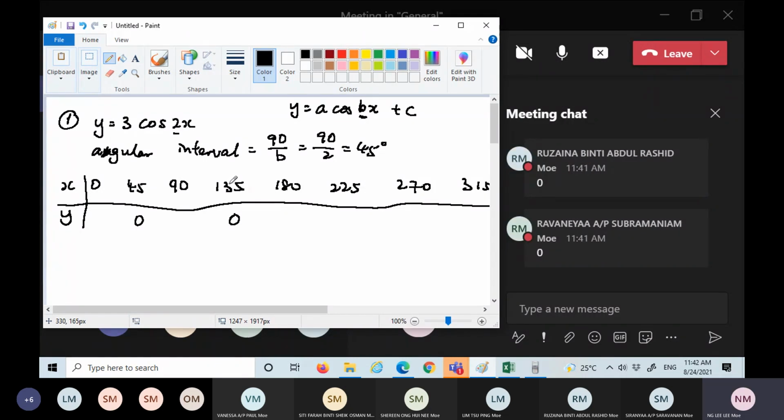Ravania, yours is 0, is wrong. You want to try again? 90 times 2, yours is 90 times 2 is 180. So you press cos 180 and then times 3. The rest you can copy this and then you can fill out the table. Negative 9 is still wrong.